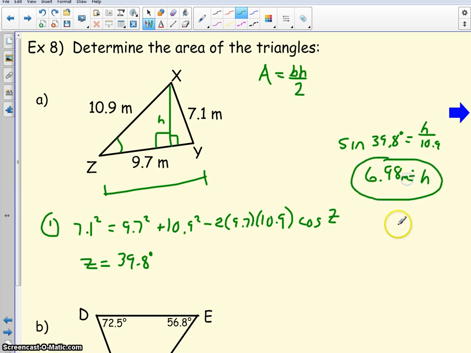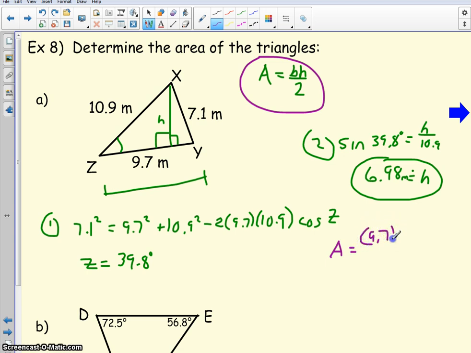Now that we have that height, we can go back to what we wanted at the very beginning, which was the fact that area is base times height over 2. Looking at this whole triangle, the base of the whole triangle is 9.7. We just did a whole bunch of work to calculate the height to be 6.98. And then you're going to divide that by 2.